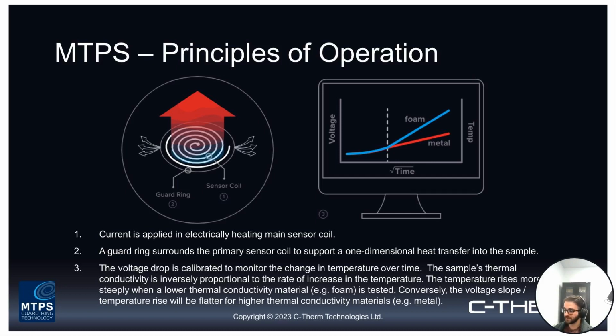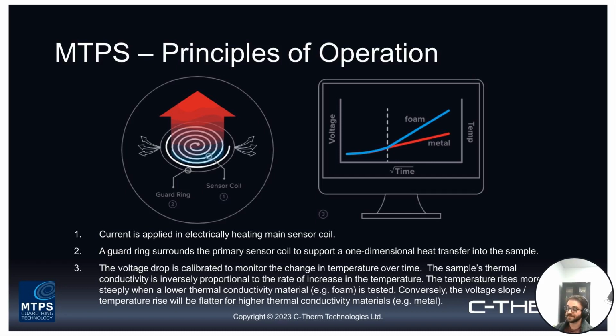In the image on the right there, you can see an example of two different material types, a foam and a metal. Of course, these materials will respond differently to that increase in temperature that is delivered from the sensor. And based on the rate of change that is observed in the software, so seeing the steeper versus not a steep rise in temperature, that information is fed into the software, and the thermal conductivity, thermal effusivity results are tabulated automatically for you.